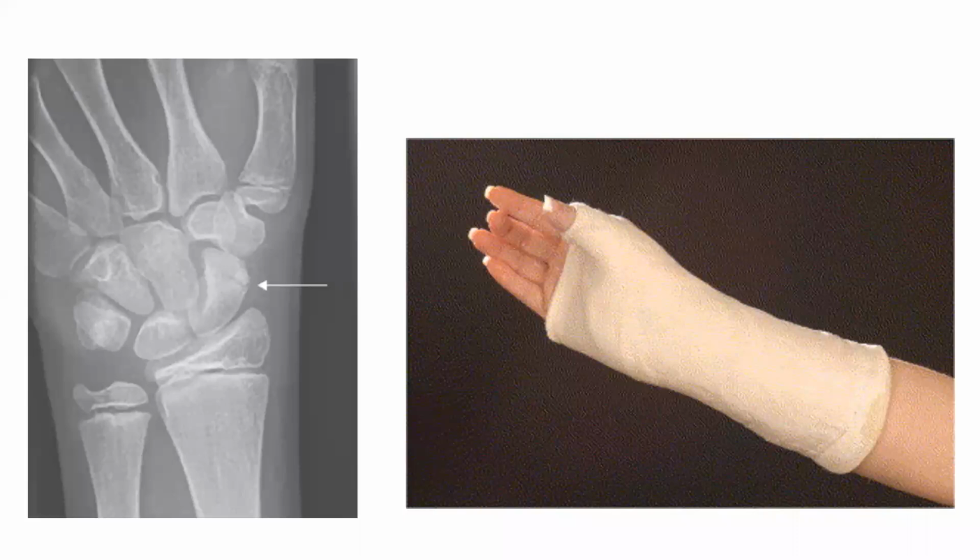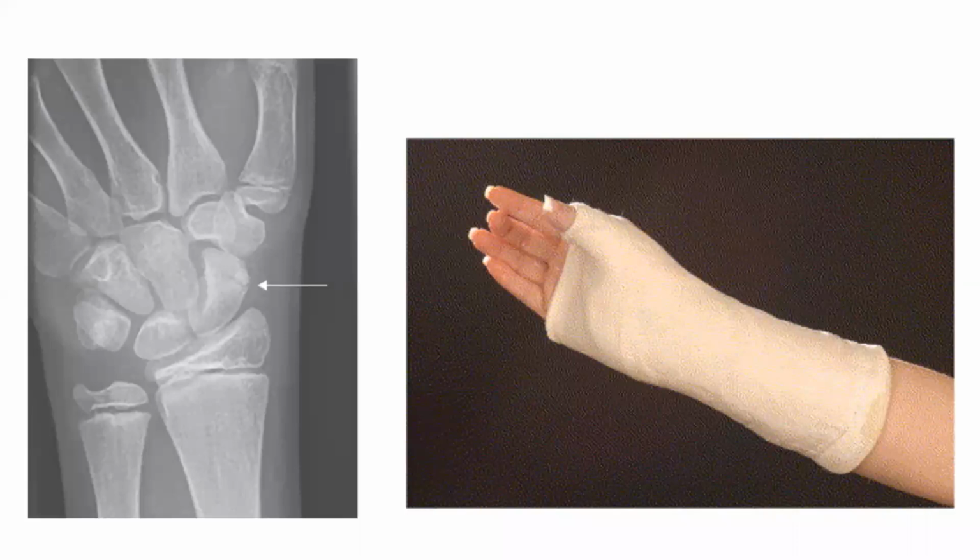Now what is the line of management in this case? Initially, what would you do? After assessing the patient and giving painkillers, what would you do? This is a fracture in the distal end, sir.